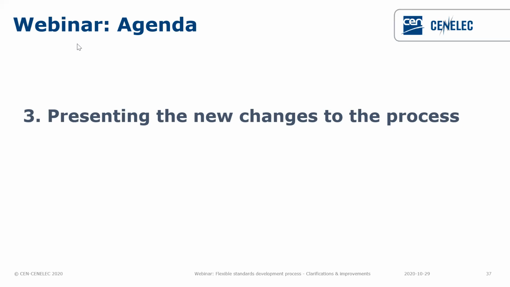So one change option for CEN is available before the end of stage A, so before dispatching the inquiry draft.